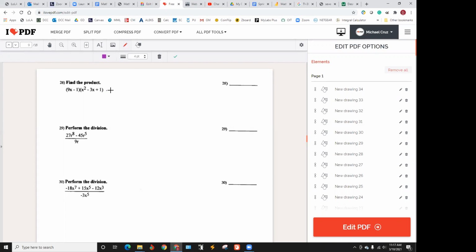Well, that's going to be 9x. There's going to be 6 terms, and then you're going to combine some. Hopefully I can squeeze them all in here. I messed up. It's 9x.